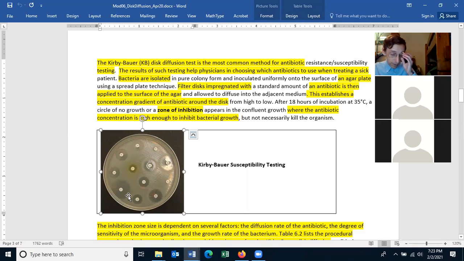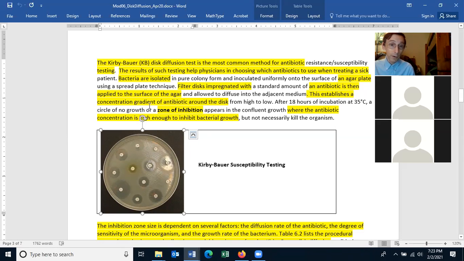And it is true that the smaller antibiotics will diffuse better than the larger antibiotics, but when we give an antibiotic to a patient, the antibiotics are carried by the bloodstream to the site of the infection, and then the antibiotic diffuses out of the bloodstream into the tissue, which is very similar to the antibiotic diffusing from the disc through the agar plate.